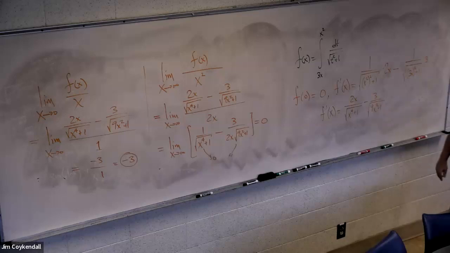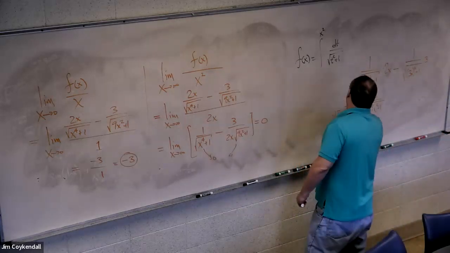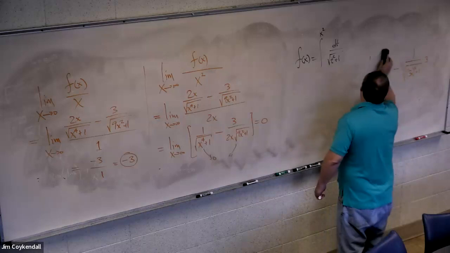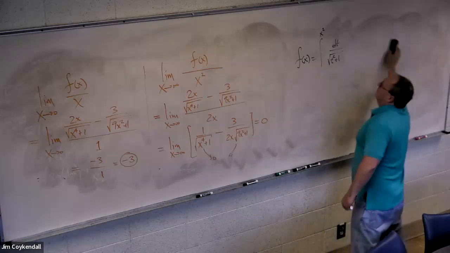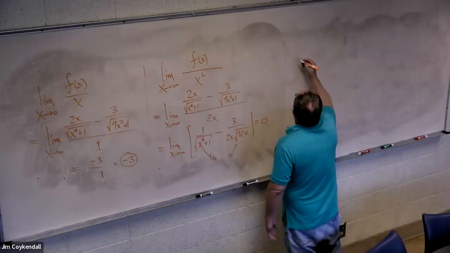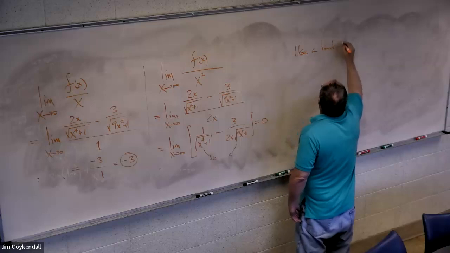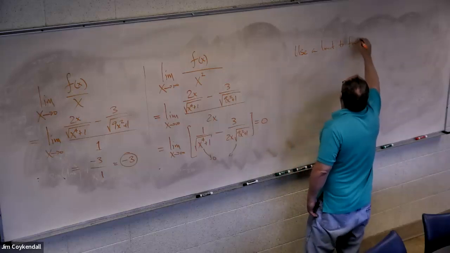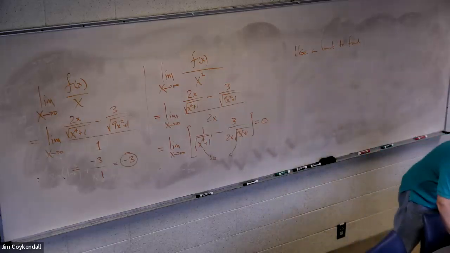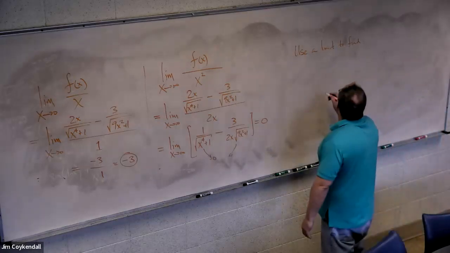If I would ask you a question like this, it says, let me just write it out, use the limit. Find the area under the curve 3x squared plus 2x.